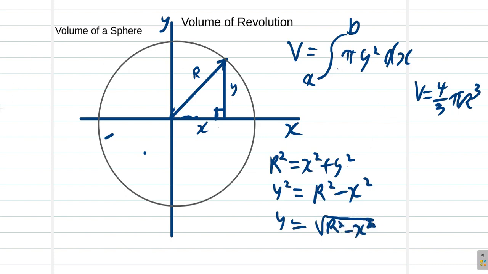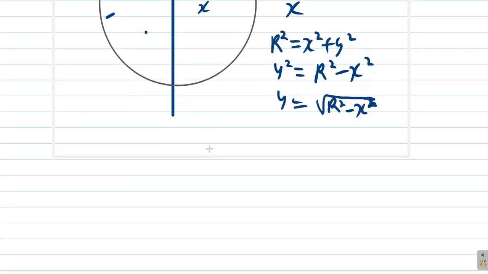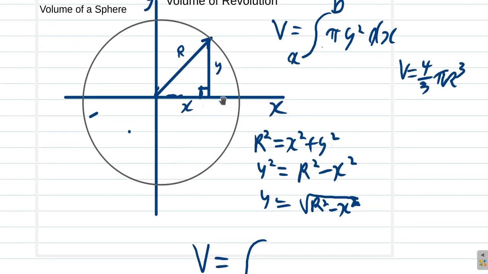So let's put it in this formula. Volume is the integral of pi y squared dx. So the volume is the integral of, now we can specify what our a is and what our b is, because the thing is, this is 0 right here. I'll go to the right. What we have here is a radius r.